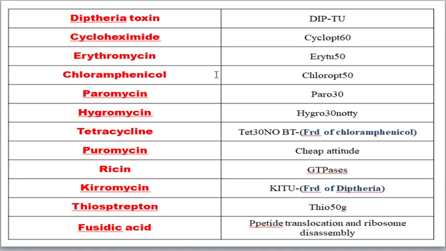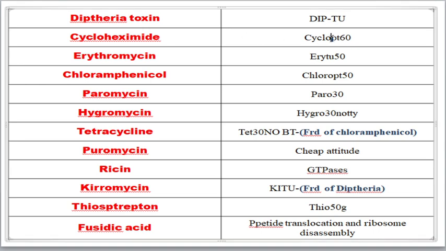Okay, so these are the code words that I am going to teach you, which are very helpful from the exam point of view, friends. First is diphtheria toxin, DIP2. It might be your girlfriend's name or your friend's. DIP2 means diphtheria toxin inhibits TU, that is, elongation factor TU. Next is cycloheximide, CYCLO-PT60. Cyclo is cycloheximide, PT is peptidyl transferase center, and 60 means it acts on the 60S ribosome.